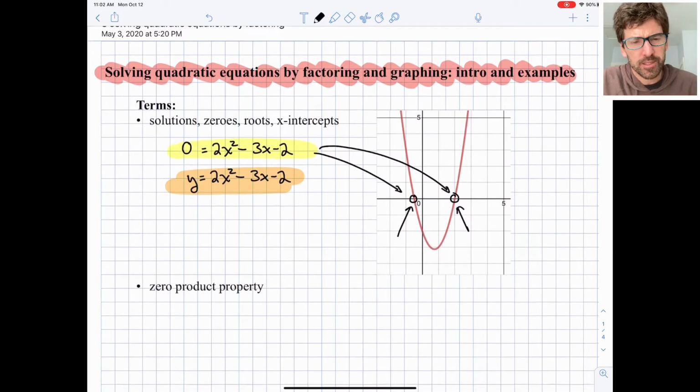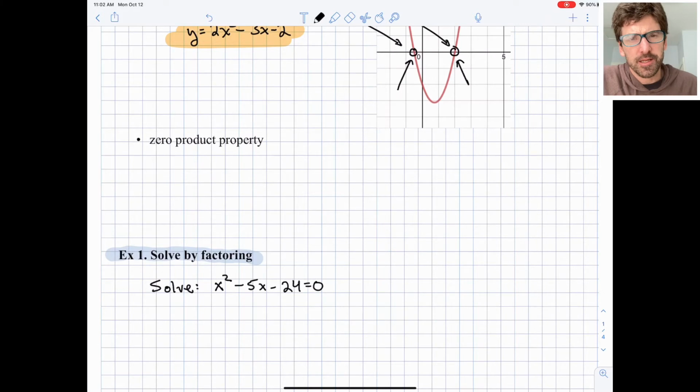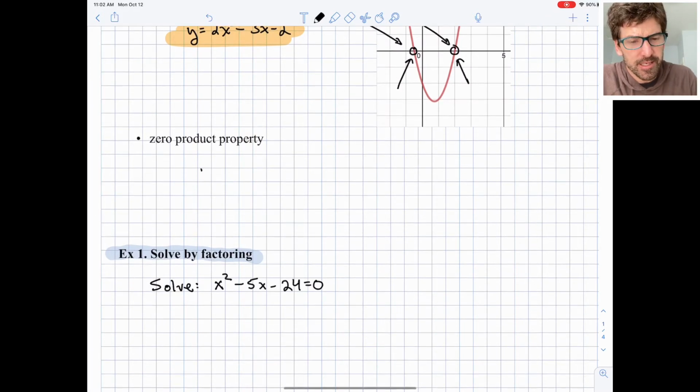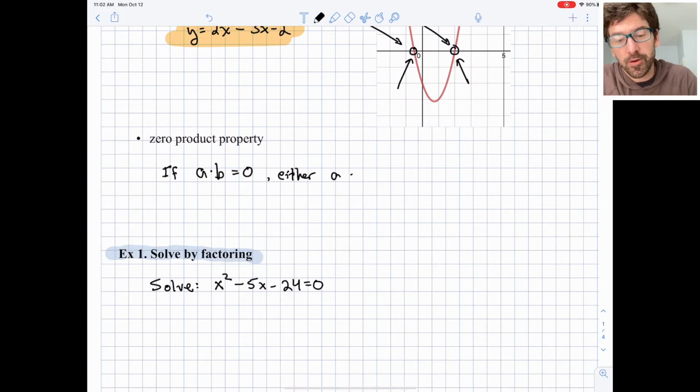But first, I want to look at the zero product property. The zero product property basically says if we have two pieces, A and B perhaps, whose product is 0, then either one of those, so if A times B is 0, then either A or B, or both, are equal to 0.